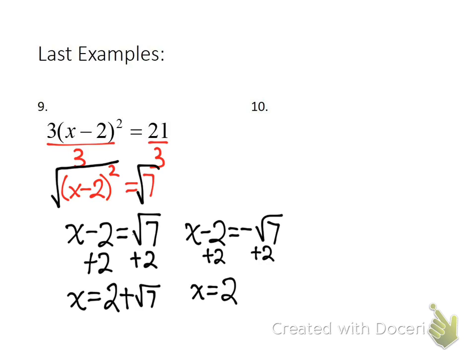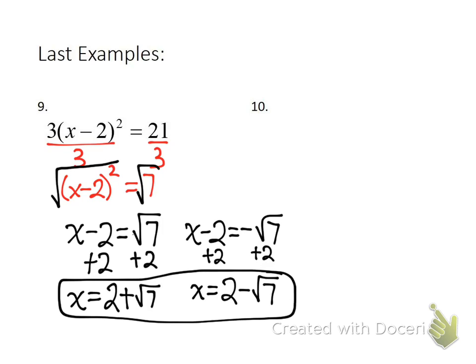Well, we could put plus a negative square root of 7, or we just put minus the square root of 7. And we would leave them there. Those ones don't come out to be pretty answers, and that's okay. If we were needing to graph it or look at a graph of this, then we could use a decimal approximation. But for these, we're just going to leave them alone.